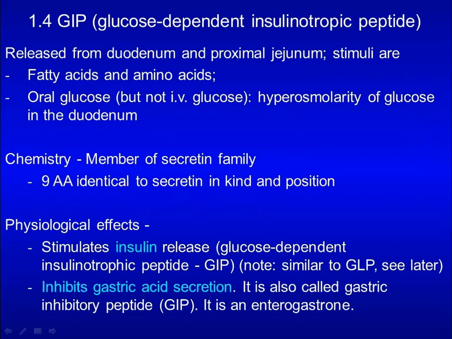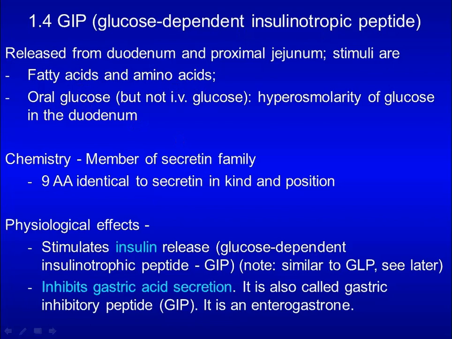The fourth hormone is GIP. It stands for glucose-dependent insulinotropic peptide. It is released from the duodenum and proximal jejunum. Main stimuli for release of GIP are fatty acids, amino acids, and oral glucose. Especially the hyperosmolarity of glucose in the duodenum stimulates the release of GIP.